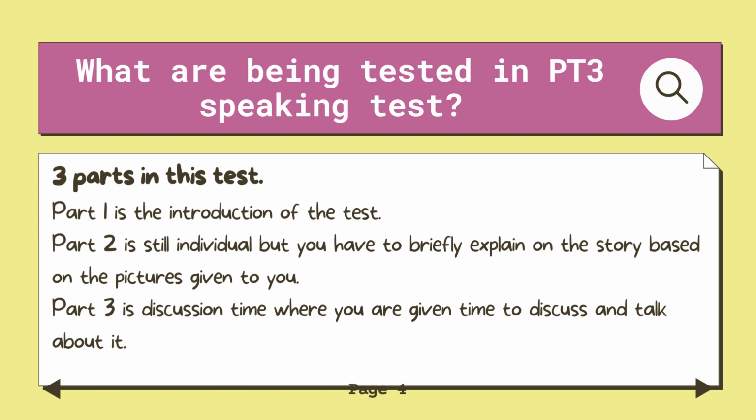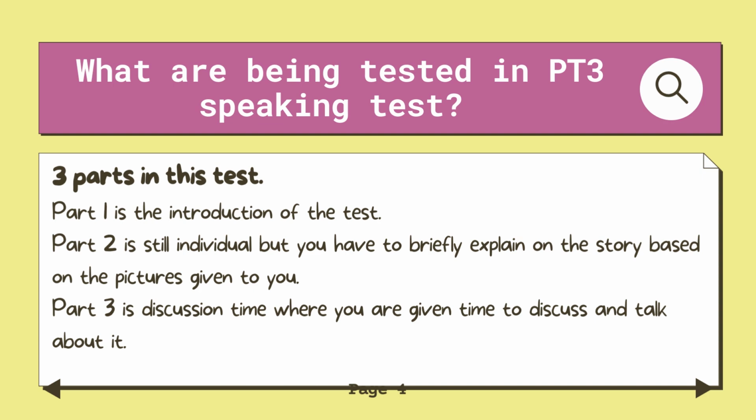Part one is the introduction of the test. In part one, you are going to be asked by the interlocutors about yourself. For example, what is your name? Where do you live? How do you go to school? What is your daily routine after you come back from school?